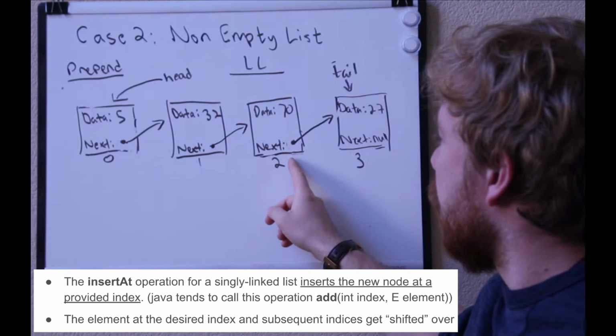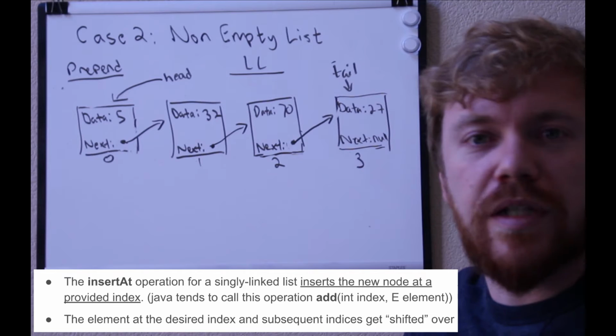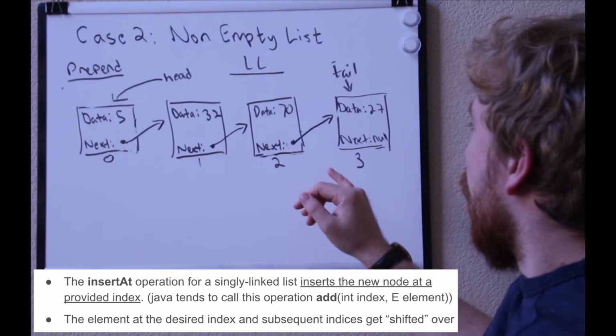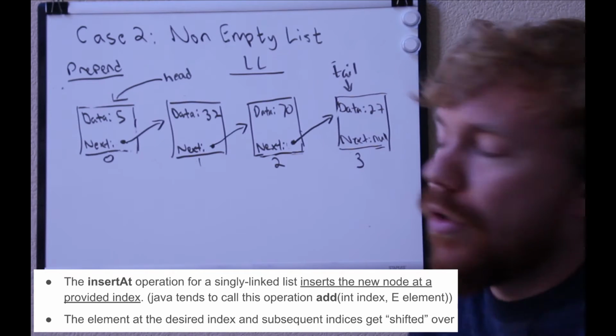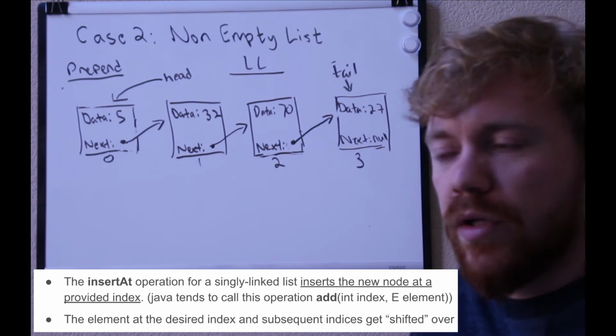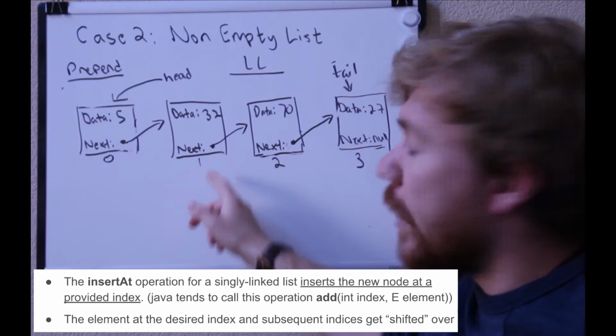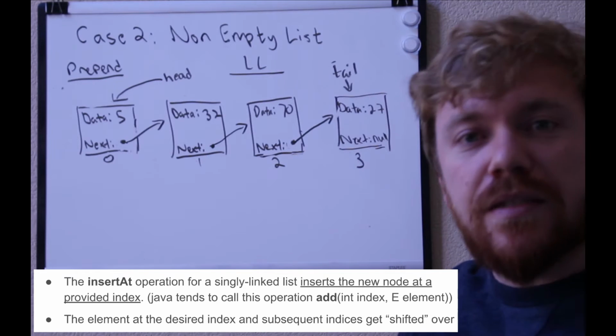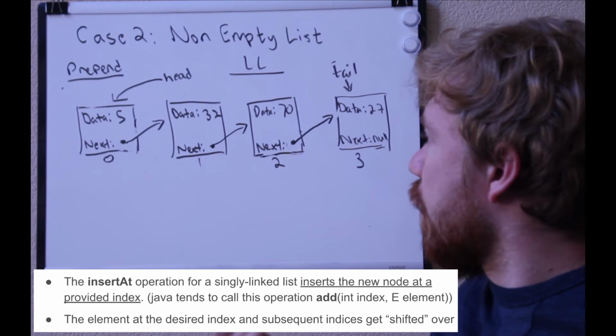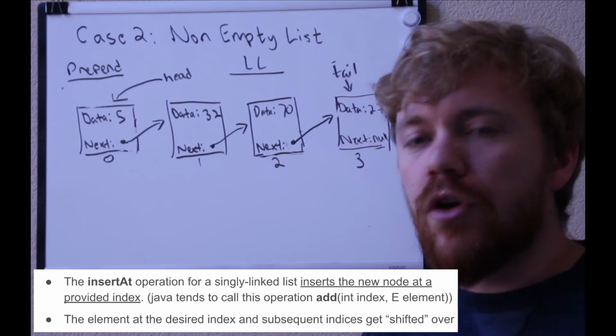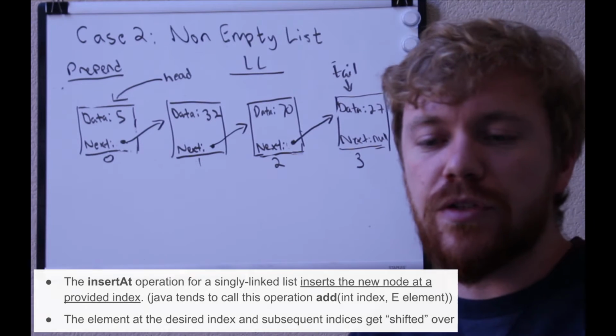And the node currently at index 2 must move to index 3. And likewise, with the node at index 3, it must become the node at index 4, so on and so forth. And then what that leaves is basically an empty spot at index 1, and that's where the new node is to be inserted into.